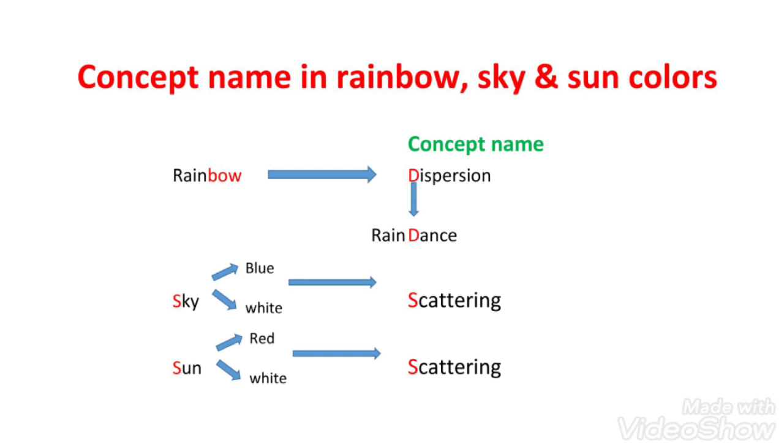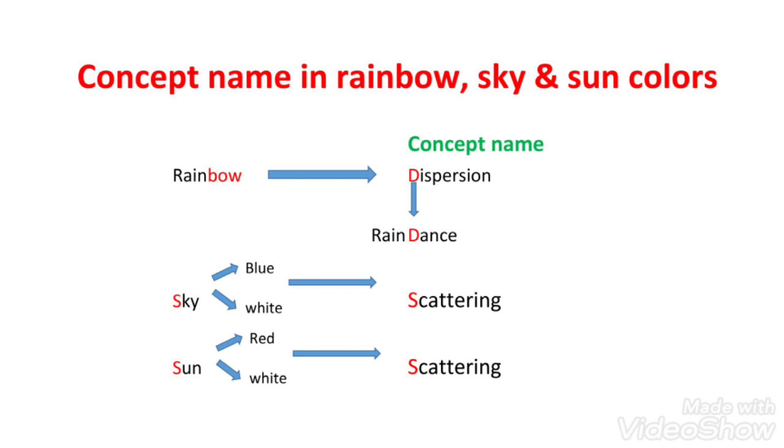Here also I observed somebody making mistakes. Some students, below average students, don't know why the sky is blue, what concept is involved. So you can remember it this way: sky blue, sky white color, both are scattering of light.